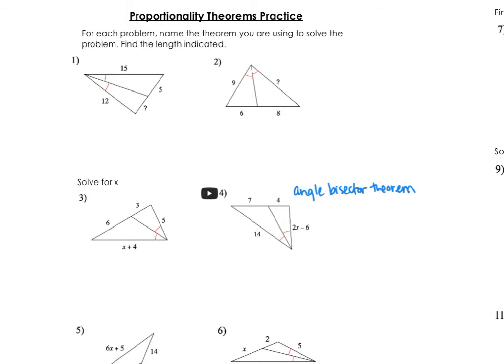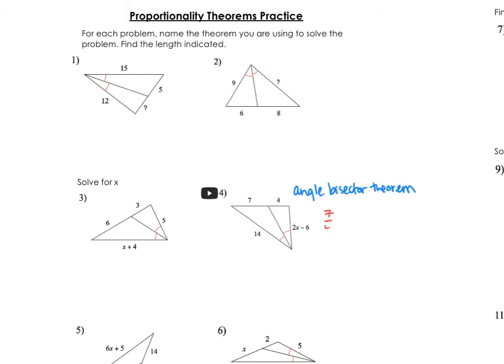The reason I know this is because this right here is indicating that this angle has been bisected since these angles are the same. So using angle bisector theorem, really remember with all of these, you just need to be consistent with how you set it up. So I could do 7 over 4, and that's going to equal 14 over 2x minus 6.